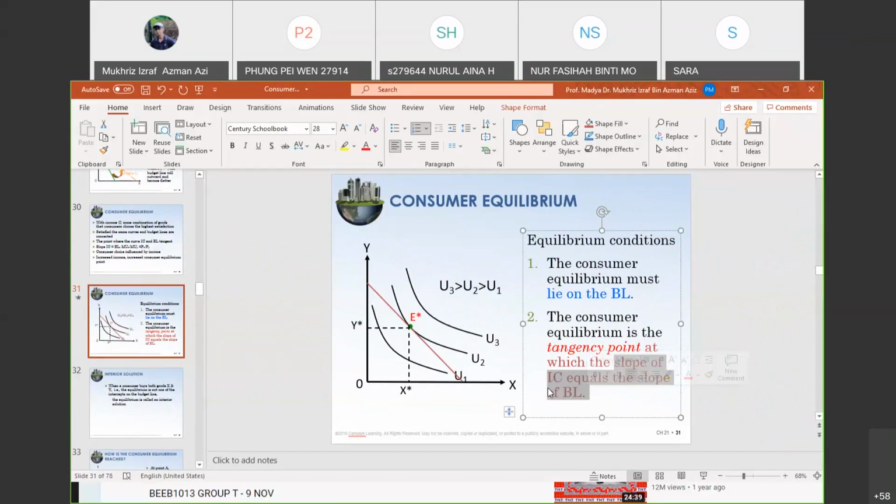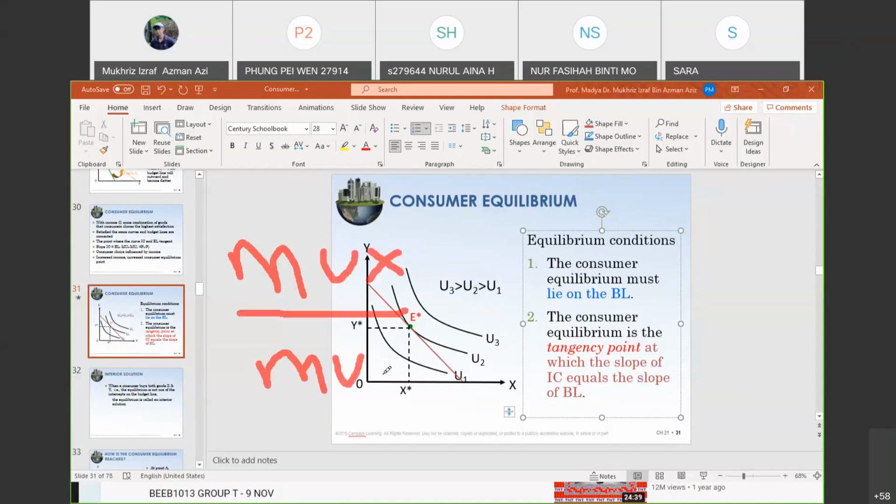We know that the slope of IC is called MRS, which is calculated as MUX divided by MUY. So the slope of the IC equals the slope of BL, which is PX over PY. By right, this is also negative.